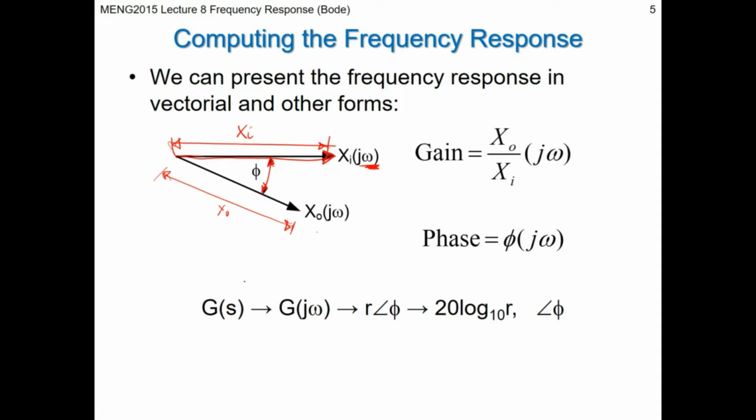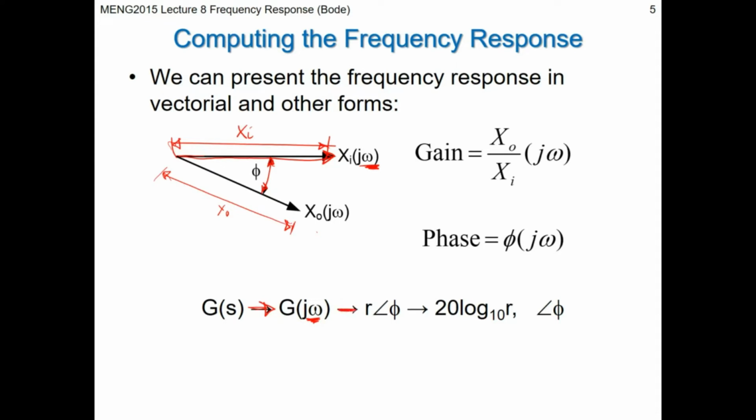So what we can actually do is transform our transfer function from the S domain to represent it as a frequency by substituting S for j omega.